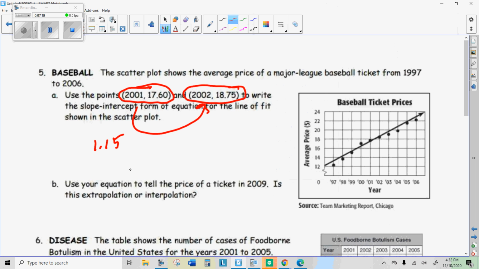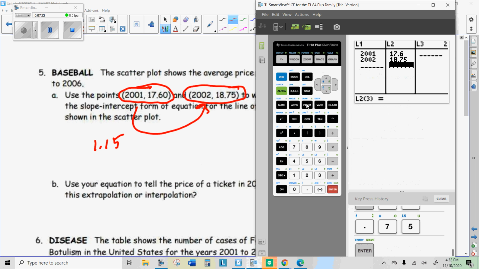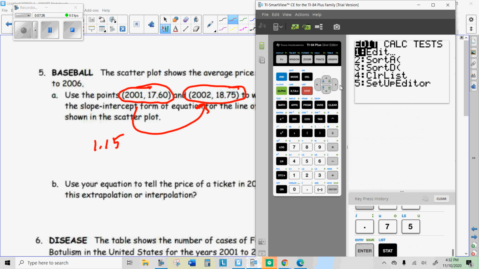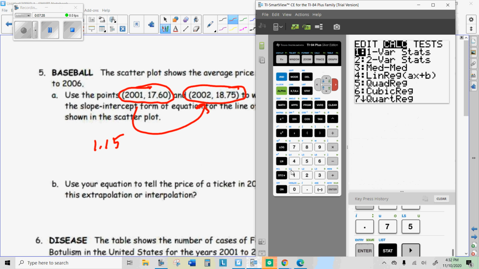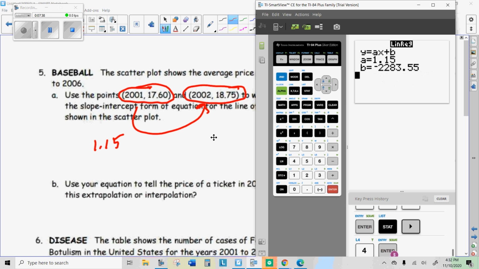And so when I show you the equation on the calculator, I'm going to do stat calc linear regression. You'll notice that 1.15, that's how much the ticket price went up in that 1 year.